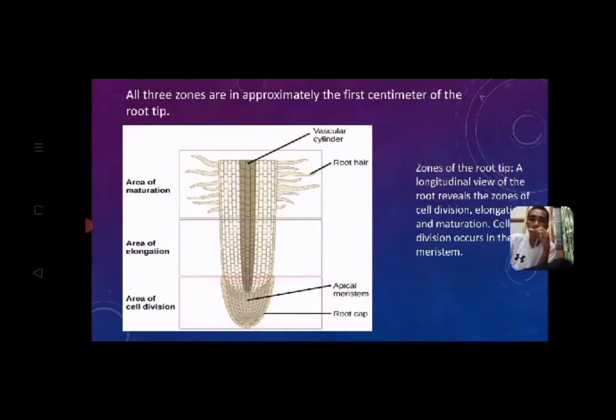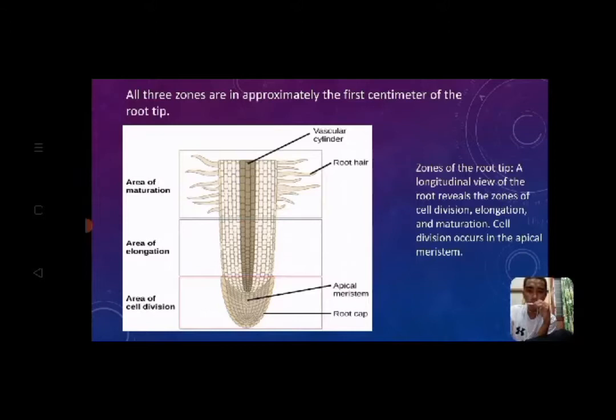All three zones are approximately the first centimeter of the root tip. So, dito nga picture makita nato ang structure sa ugat ug ang mga parts sa ugat, no?